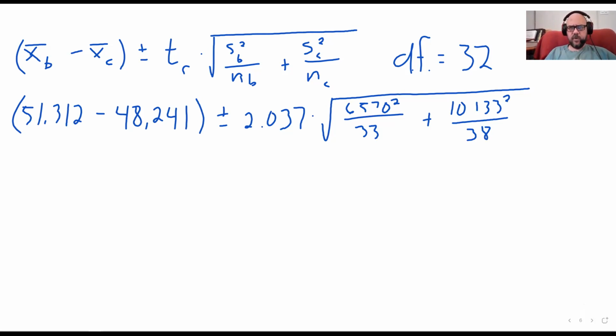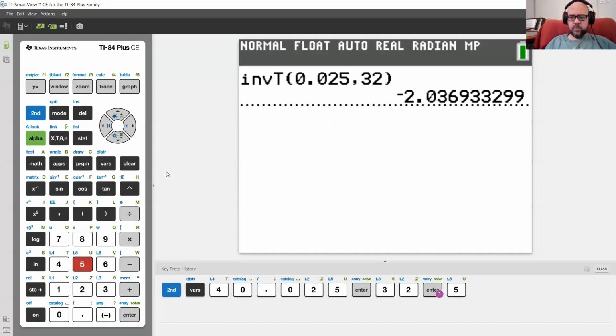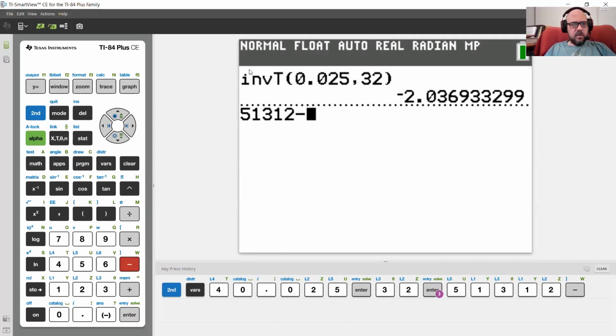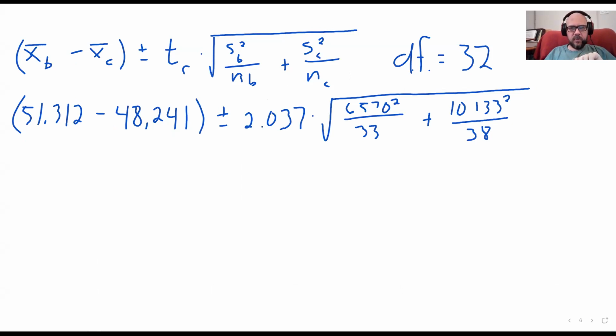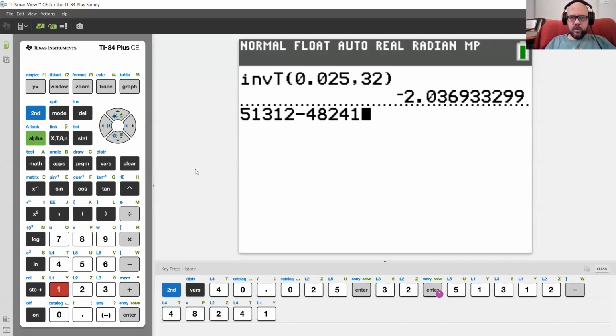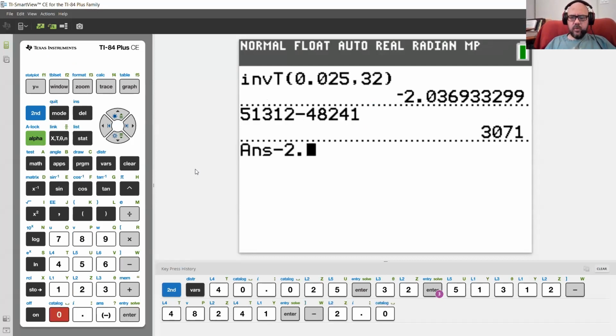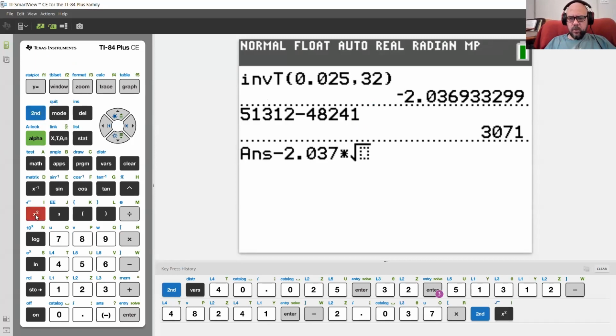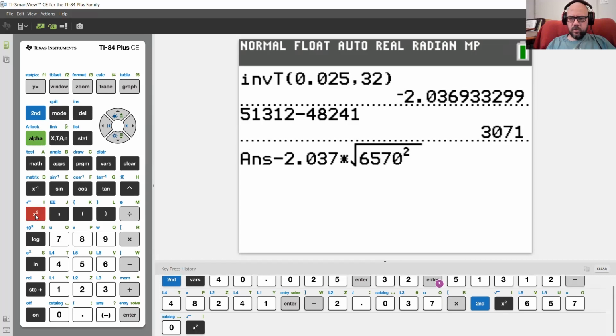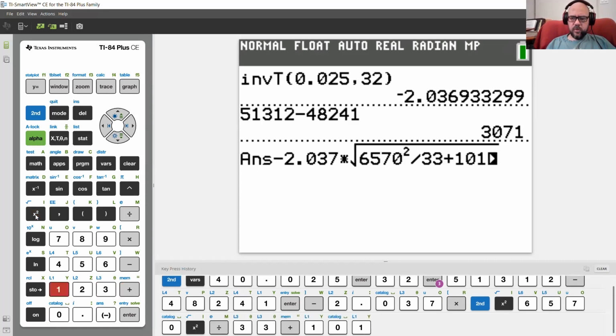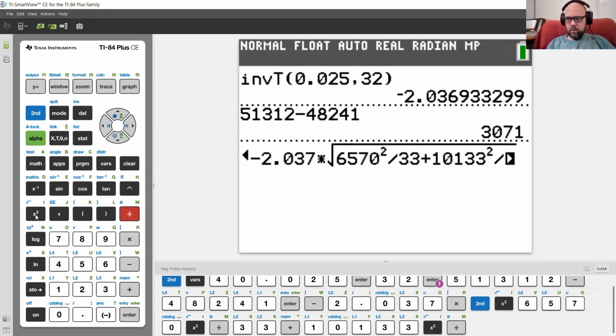So let's find all those numbers because I have no idea what any of them are. Let's go to the calculator. 51,312 minus 48,241 is 3,071, and then we're going to do that minus 2.037 times the square root of 6570 squared over 33 plus 10,133 squared over 38.